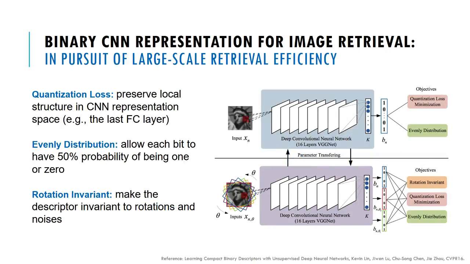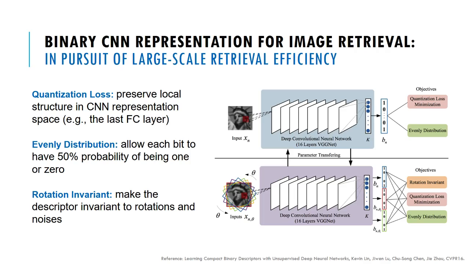So let's talk a little bit about the details of binarization, or having a binary representation. If you just apply a simple thresholding or even somewhat sophisticated thresholding, you may deal with some issues because there may be some loss of the structure in the representation space.